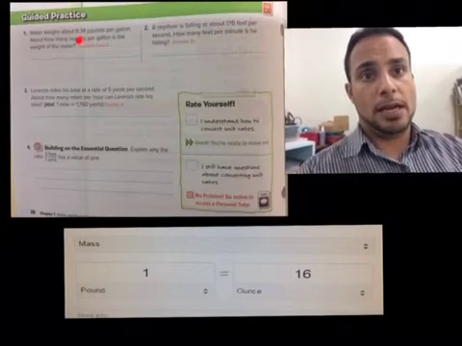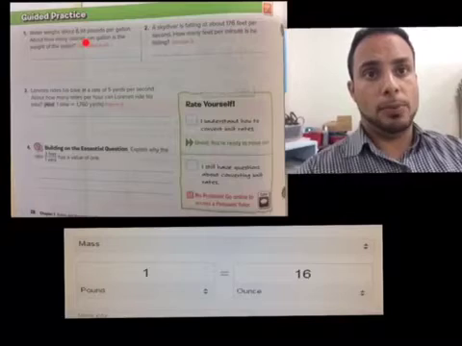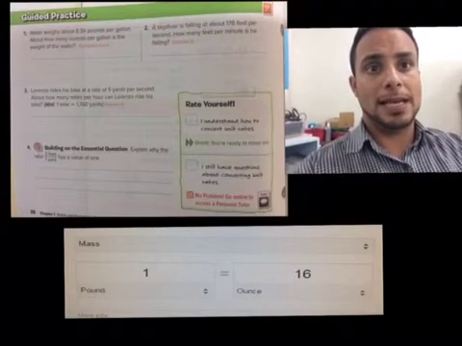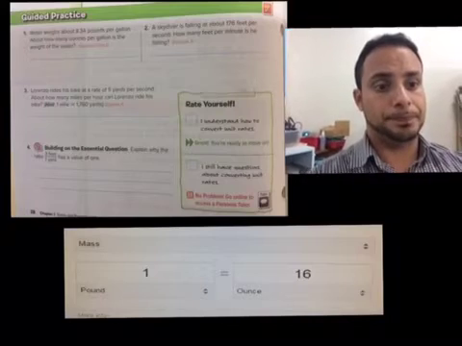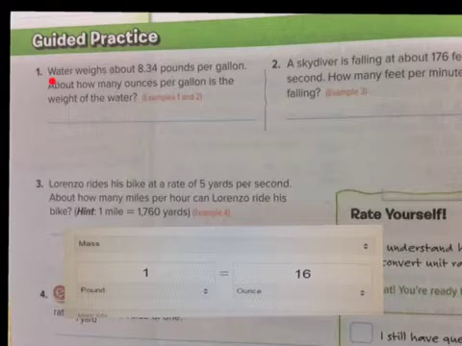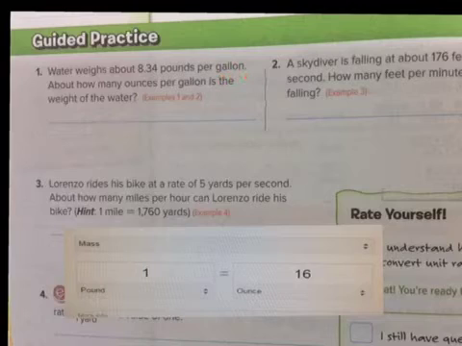So here we're looking at 8.34 pounds. What is that in ounces? Okay, so how do we do it? Let's take a look. Water weighs about 8.34 pounds per gallon.